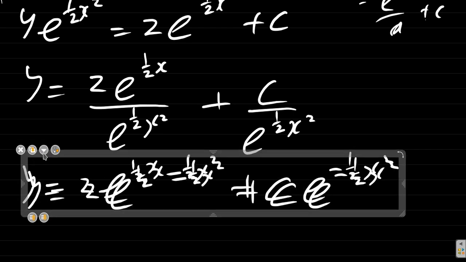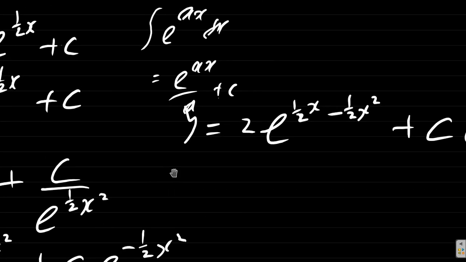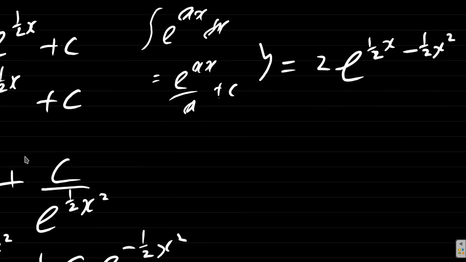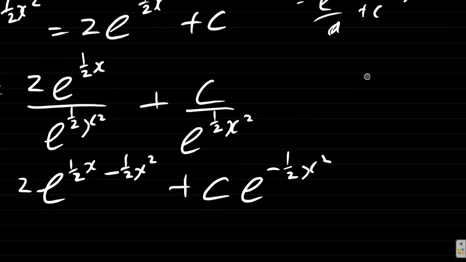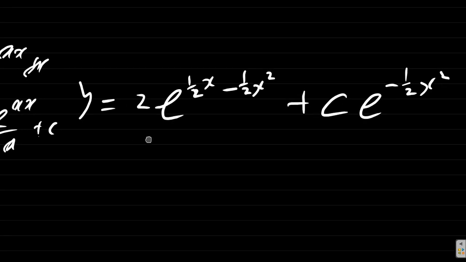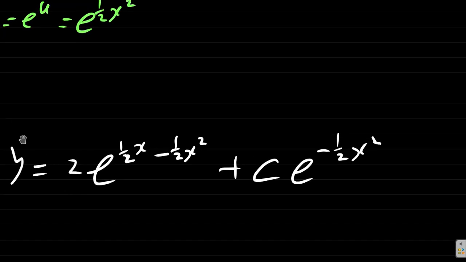So y equals 2e to the half x minus half x squared plus c e to the negative half x squared.